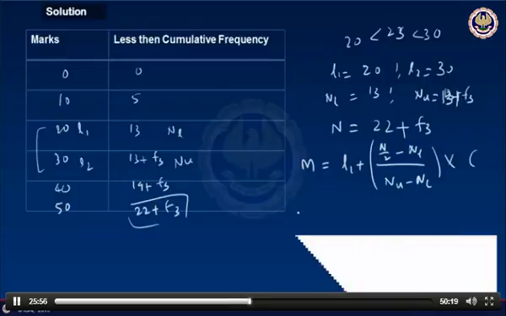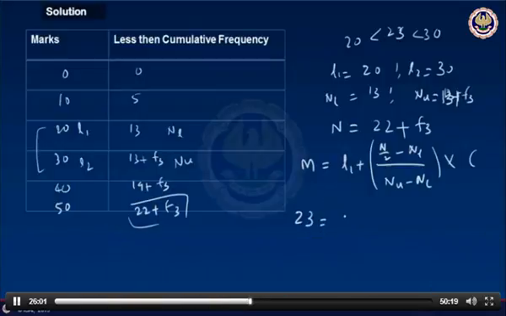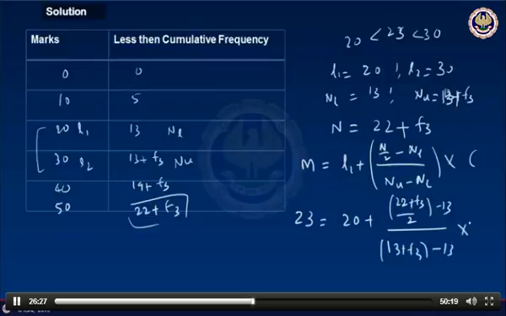In this example the median is given as 23, L1 is 20, and N by 2 is (22 plus F3) by 2 minus 13, divided by 13 plus F3 minus 13, into the class interval length of 10.